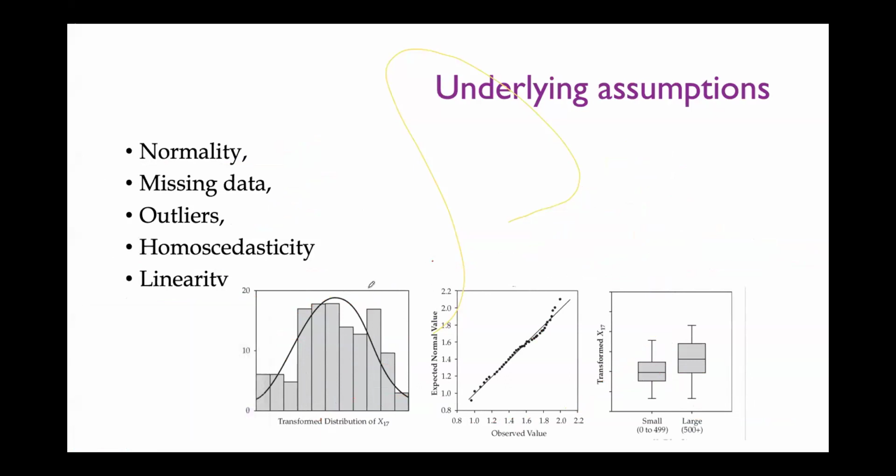Now this is what I drew: normality. So this is normality. There should be no missing data. This is linearity, a positively linear relationship. And this one, this response that is going outside, is called an outlier.